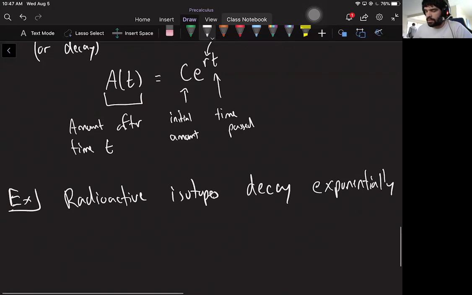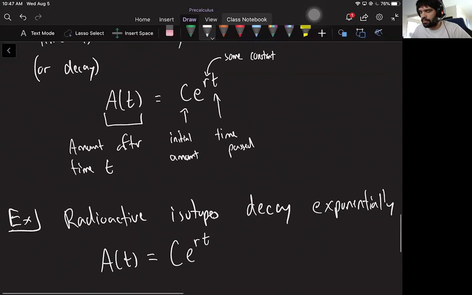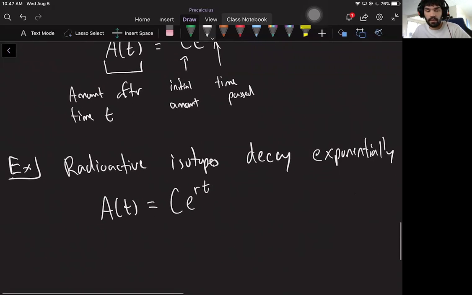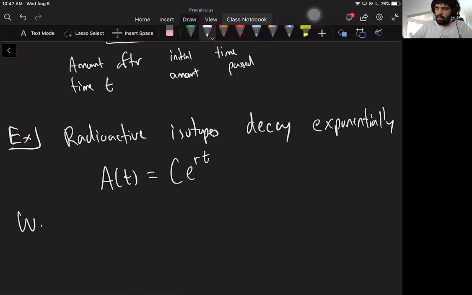So what this means is that the amount of the isotope is equal to the initial amount times e to the rt. So this equation applies to this situation. And what we can do is find the half-life. You have radioactive stuff, and as it decays, you want to know how long it takes until there's half of the starting amount. That's what half-life is.